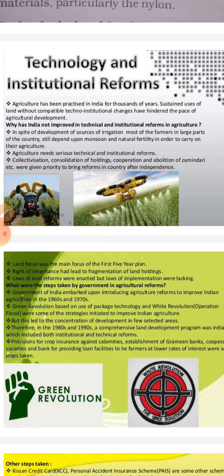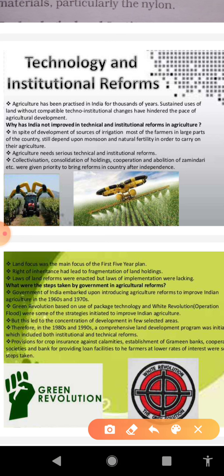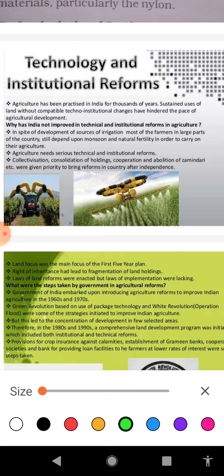Land reform was the main focus of our first 5-year plan. Now let us discuss the steps which have been taken by the government of India and the state governments in the form of technological and institutional reforms.